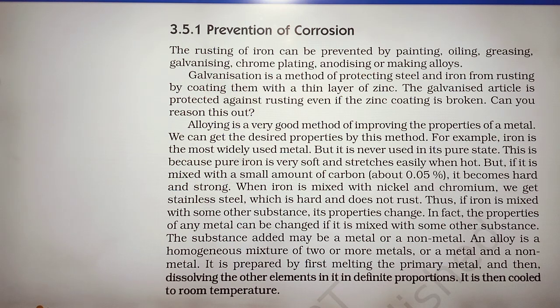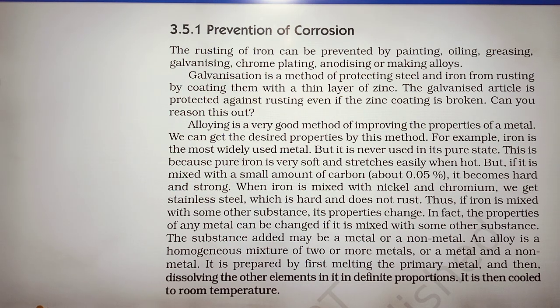In its original state it is very soft, but if we add a small amount of carbon, like about 0.05%, it becomes strong and hard. And now we can make any objects with the help of this mixture of iron and carbon. When iron is mixed with nickel and chromium, we get stainless steel.